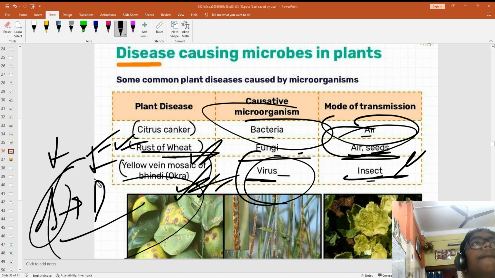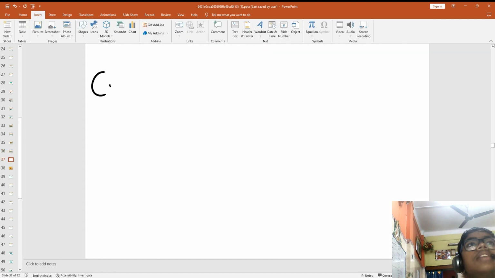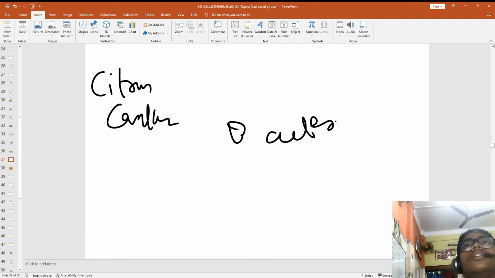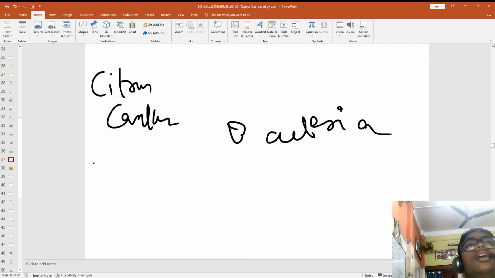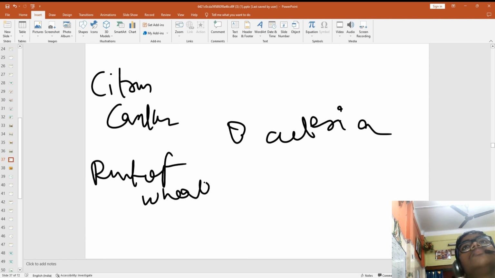So just remember this one. What does citrus canker cause? Bacteria. Right? Yes. Then rust of wheat is caused by fungi.